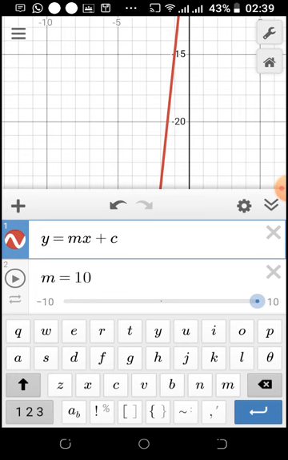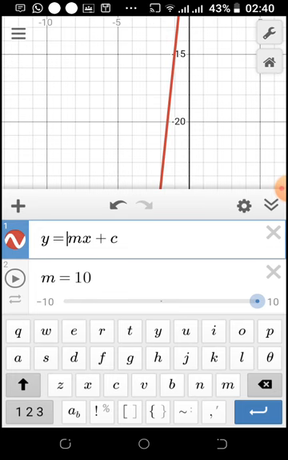Y is a dependent variable because it is waiting for whatever happens to x, while x is the independent variable. It's what determines what happens to y. So whatever value we give to x will make us know what will happen to y.